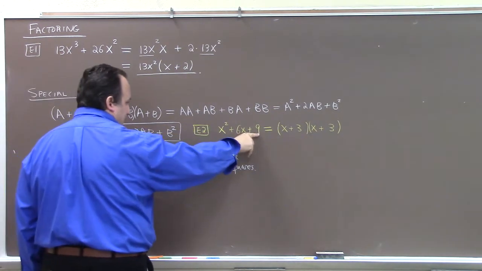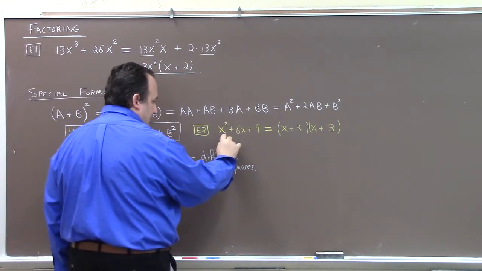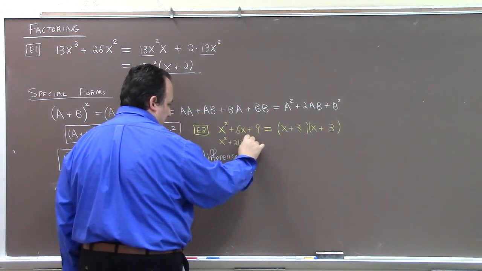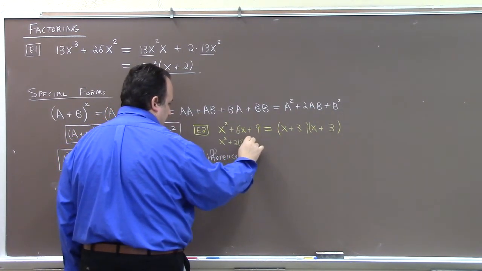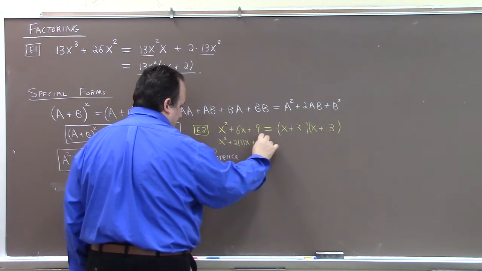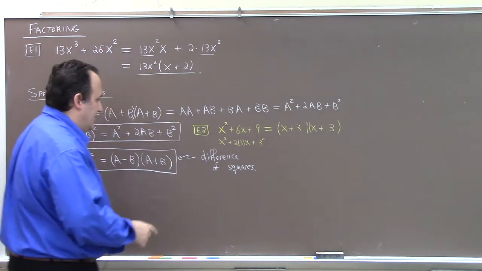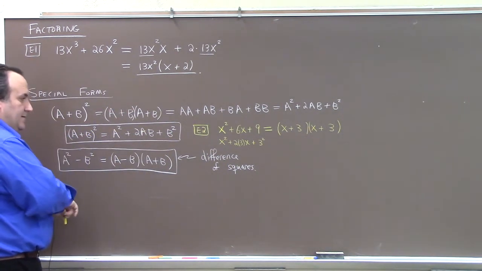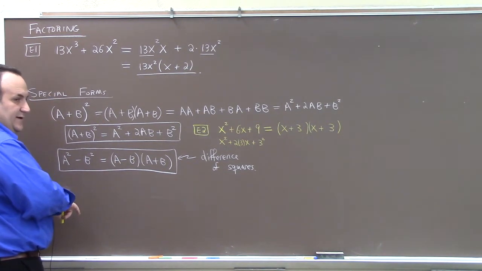See, 9 is 3 squared. So this is x squared plus 2 times 3x plus 3 squared. So if I look at that, I can go, wait a minute, that's this pattern, you know? So that's really x plus 3 squared, right?